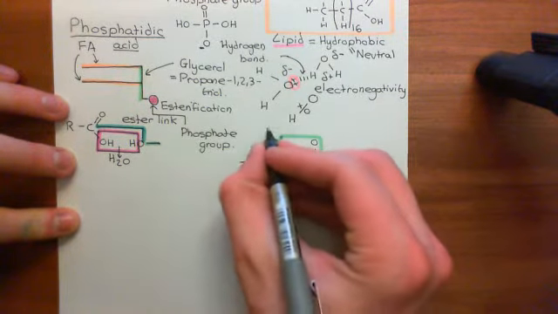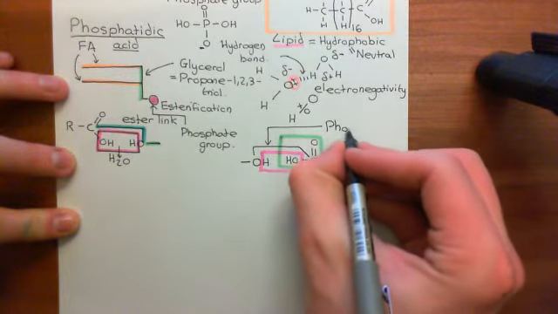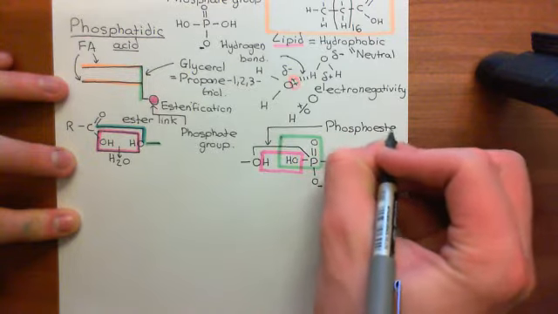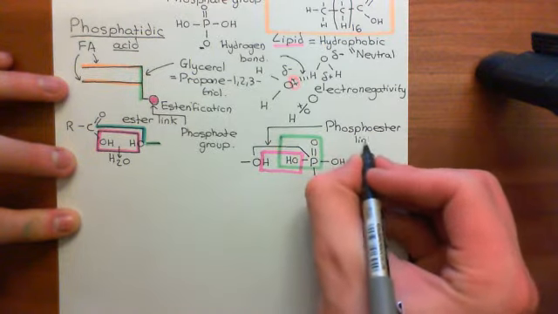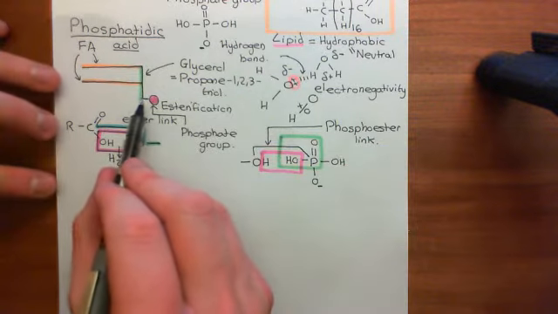This link that we formed, which is analogous to an ester link, is called a phosphoester link. Okay, so that's how we attach a phosphate group onto the alcohol group that comes off the third carbon of the glycerol molecule.